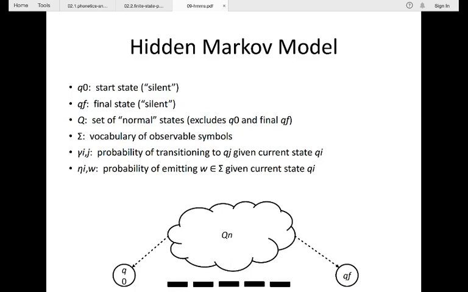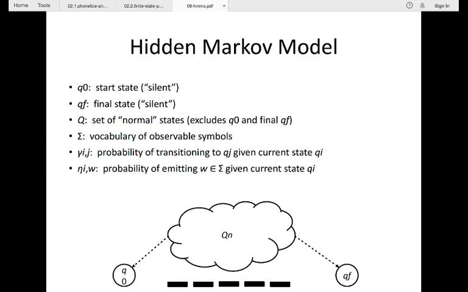Then we have a set of normal states, Q, which excludes Q0 and QF, which is in this cloud here. And you have a vocabulary of observable symbols. For our purposes, those are the words, for the part of speech tagging case. But they could be other things as well, depending on what you're using HMMs for.